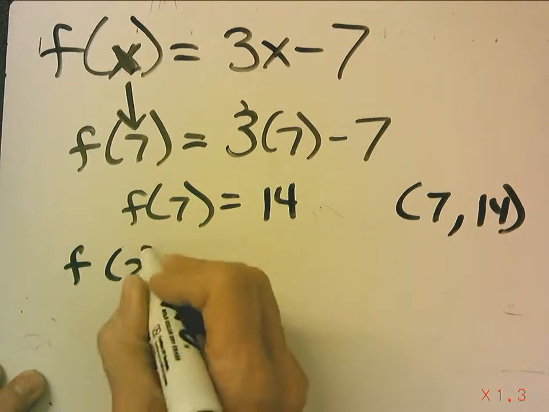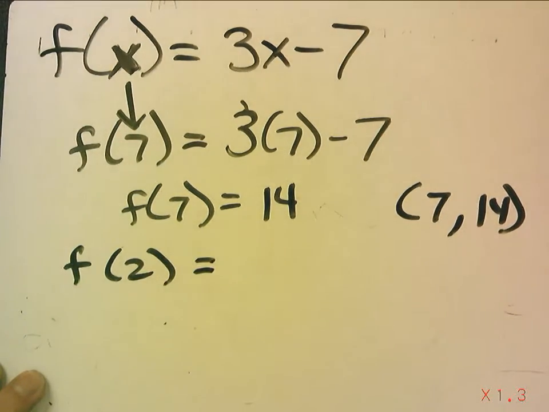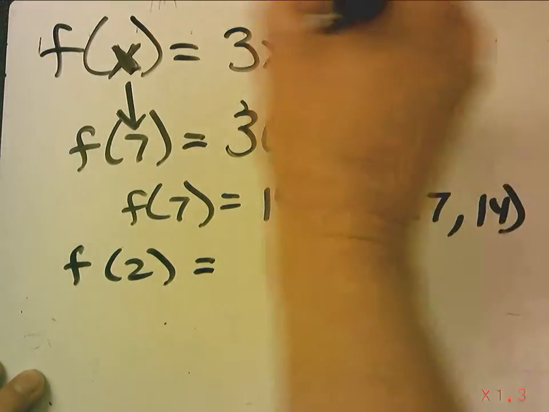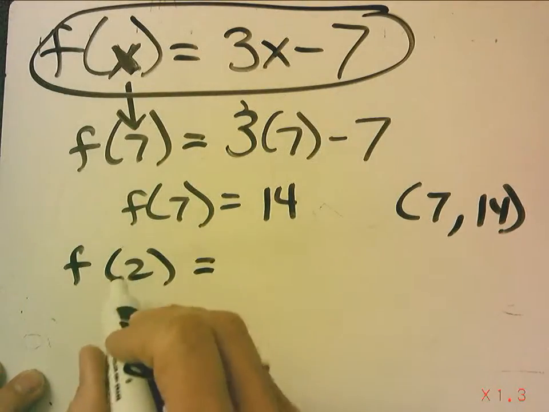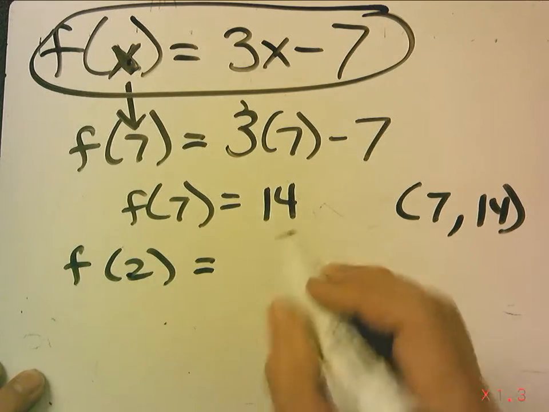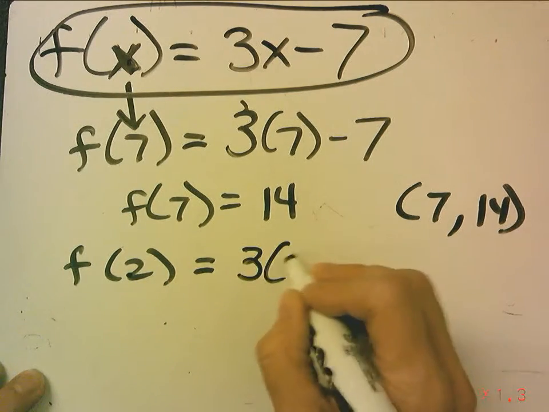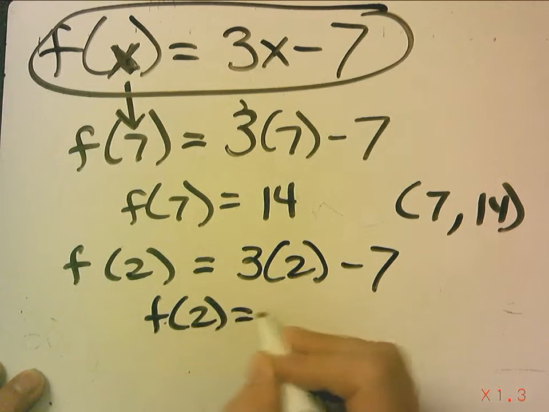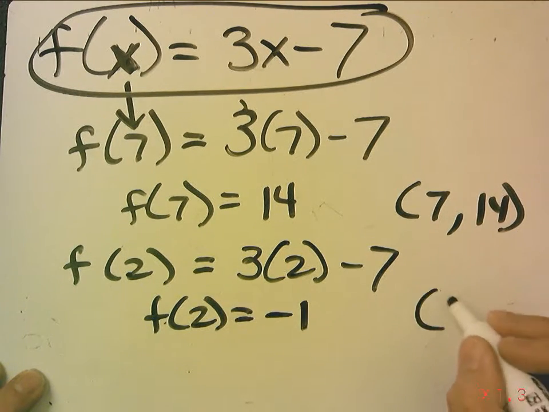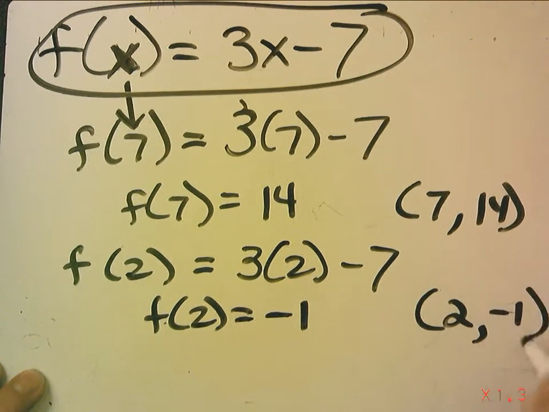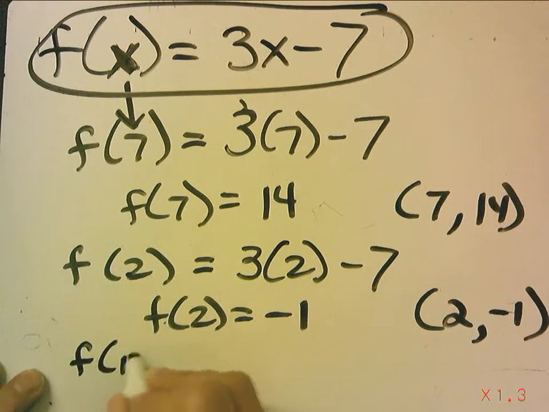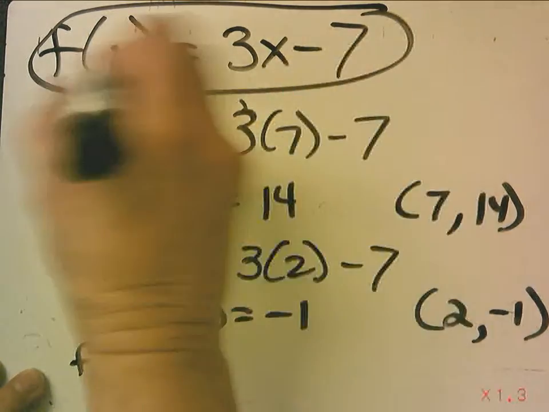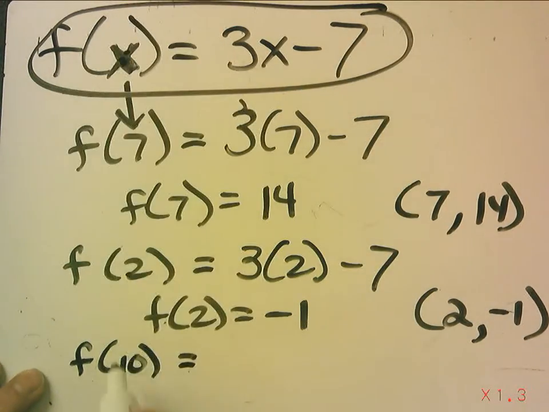f of 2. This means what is the value of this function when x equals 2? So I plug in a 2 for x, and f of 2 equals negative 1. So when x is 2, y is negative 1. Then we have f of 10. Again, this means what is the value of this function when x equals 10?